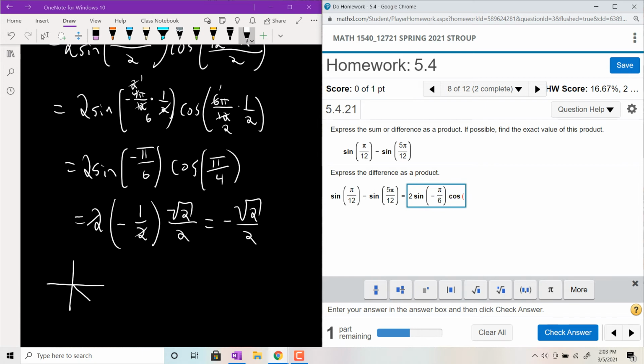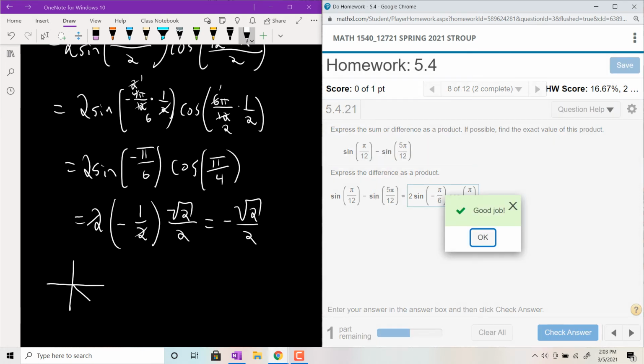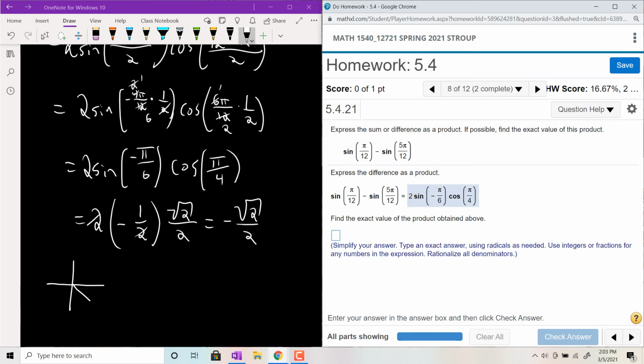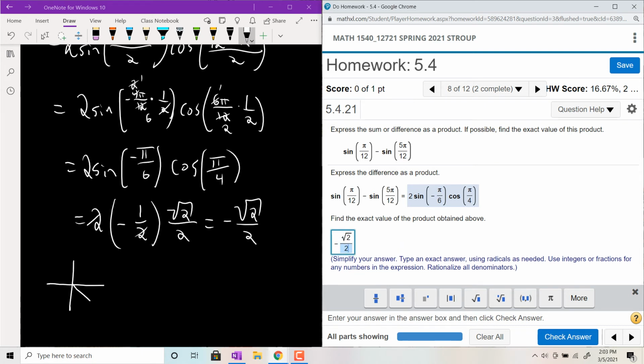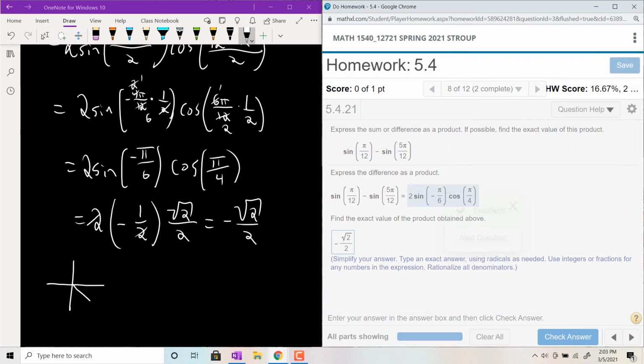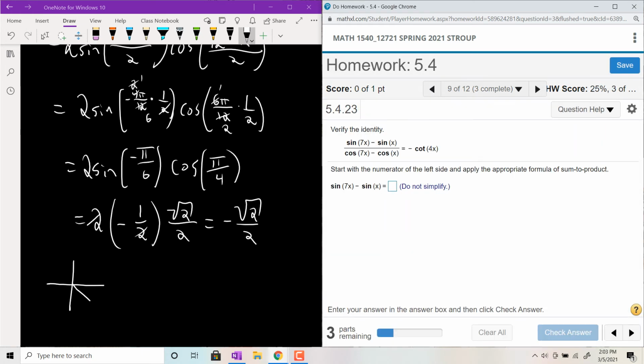Cosine of pi over 4. Whoops. And then, yeah, okay, that's what they wanted. Sorry about that. And then this is the negative root 2 over 2. There it is.